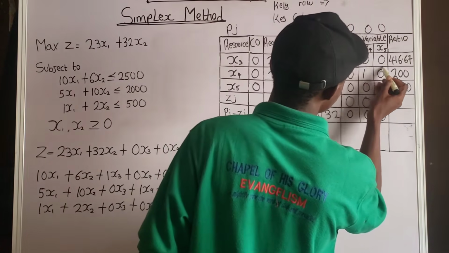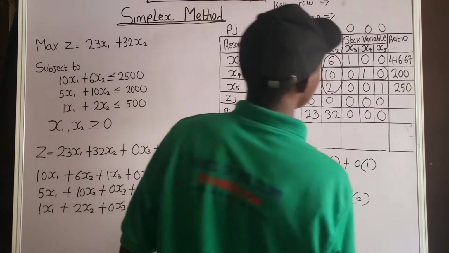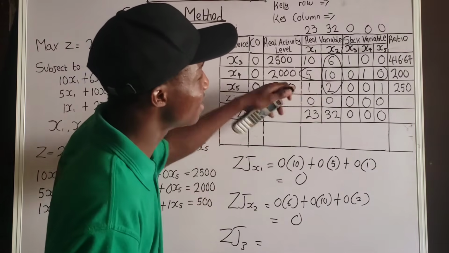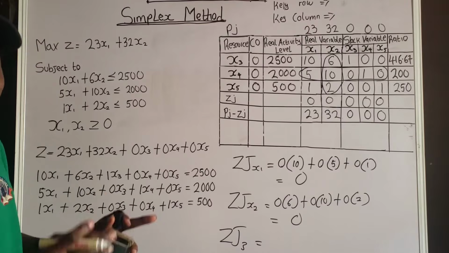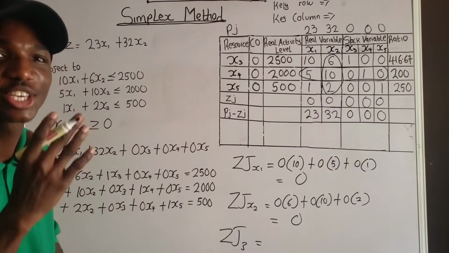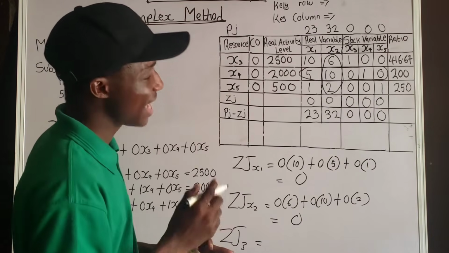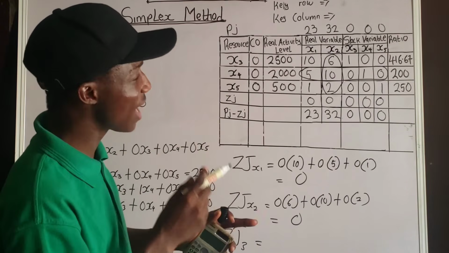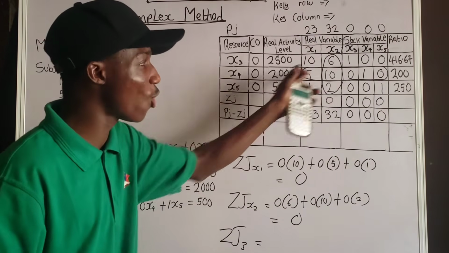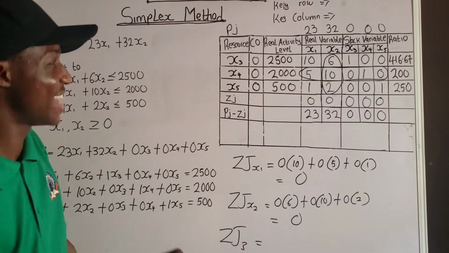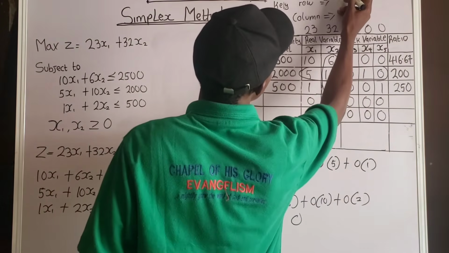I'm going to circle this. So I have gotten the key column and the key row. Now, the element that intersects both the key row and the key column will be the key element. Which element intersects both the key row and the key column? Yes, it is 10. So the key element is 10.